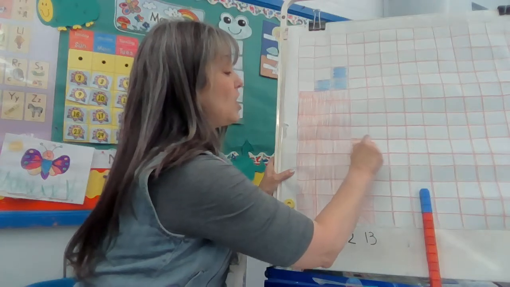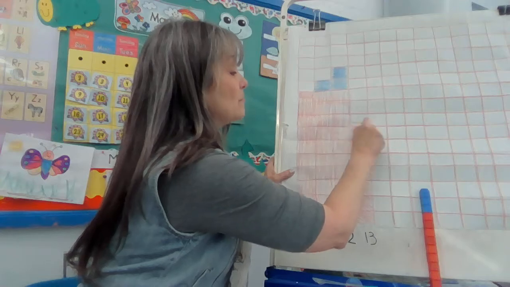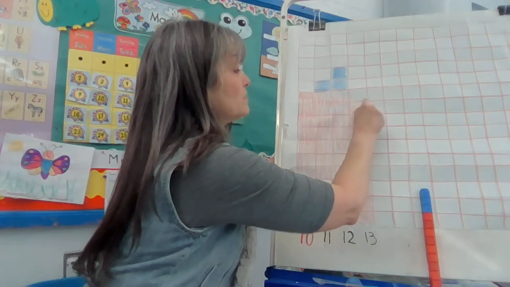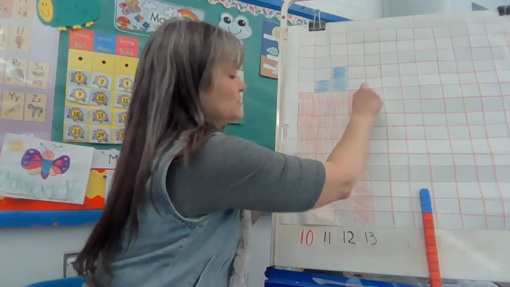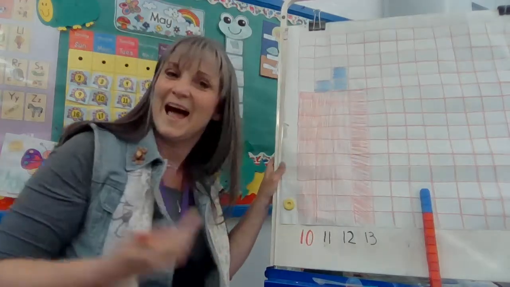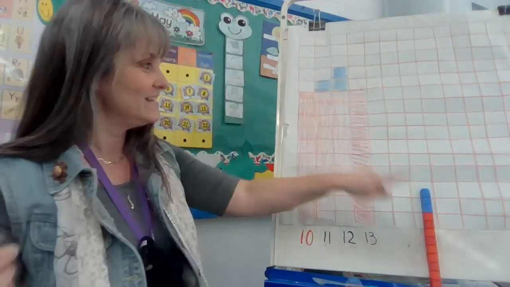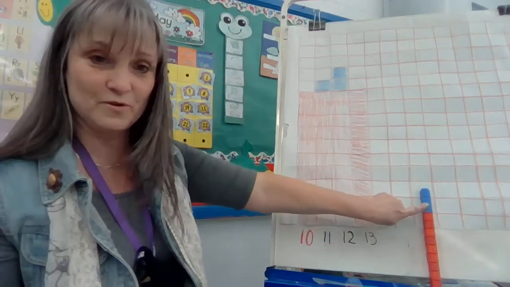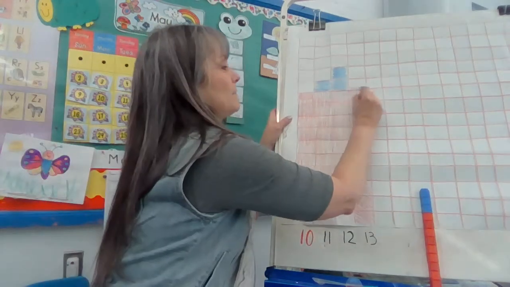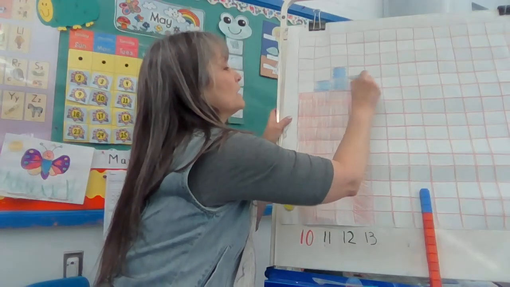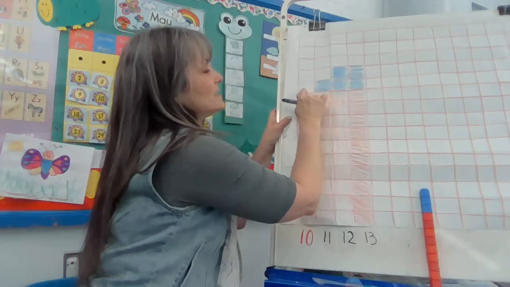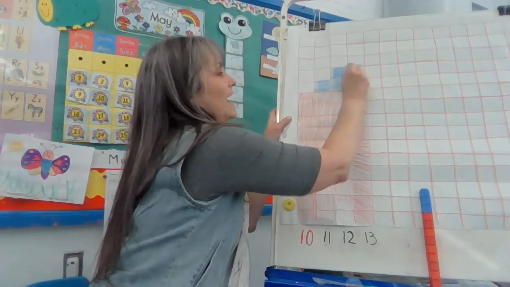So I'm coloring all 10 of these. My chart is a lot bigger than the one you're going to have to do. So 10 again. I didn't even have to count it, did I? 10, and since it's going to be 13, I need 3 blues. Are you noticing that each time it's one higher?